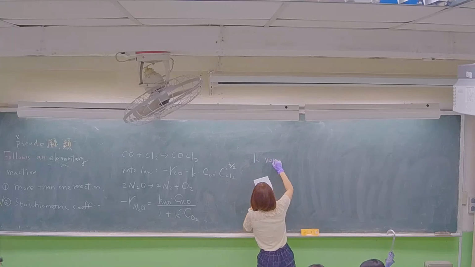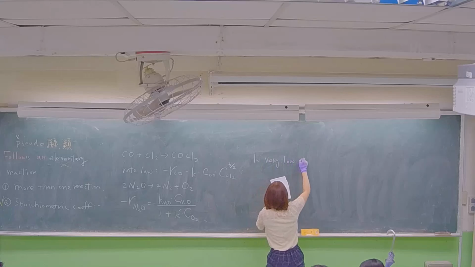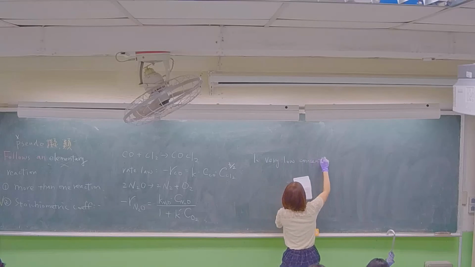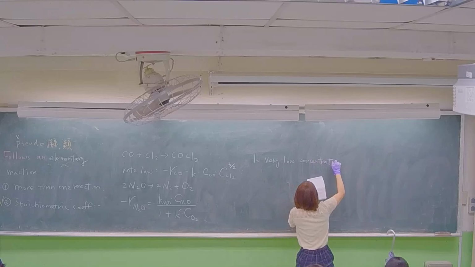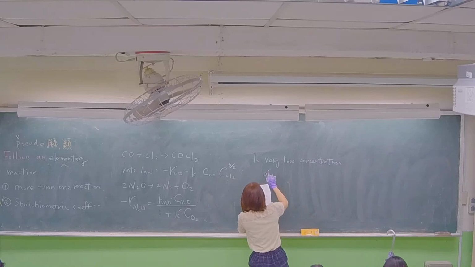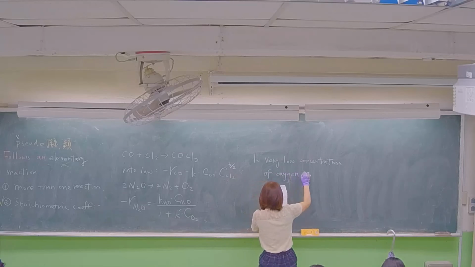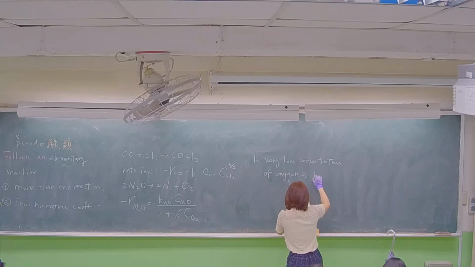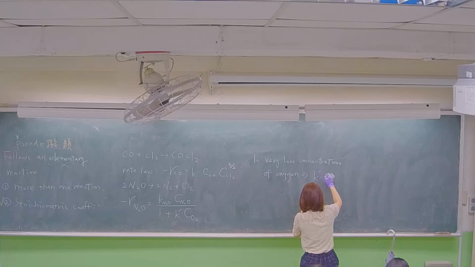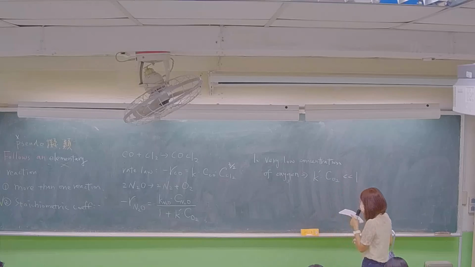First one, at a very low concentration of oxygen. That means KCO2 is smaller than 1.